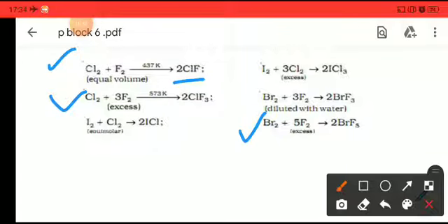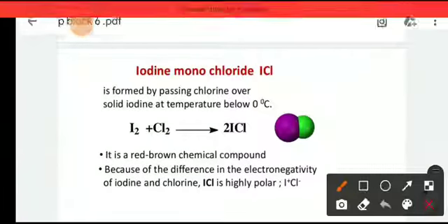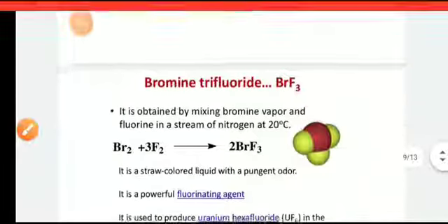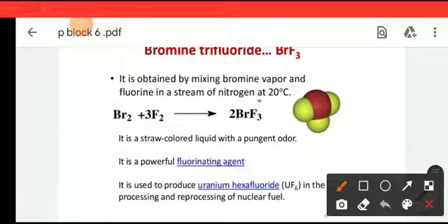Here you can see that at 0 degrees Celsius iodine and chlorine react and form iodine chloride, iodine monochloride. Similarly, BrF3, bromine trifluoride, is formed at 20 degrees Celsius by reacting bromine and fluorine directly.